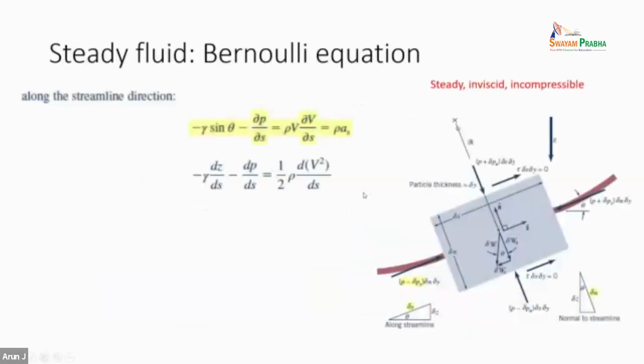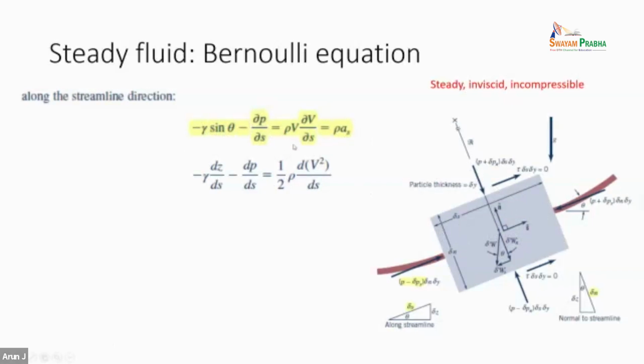If you apply Newton's law to this particle, rho a_s, you can look into the pressure difference along this surface, dp/ds, and there is another force, the gravity-related force projected along this line, gamma or rho g times sine theta.